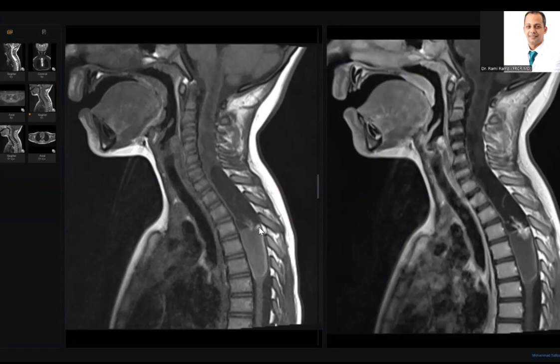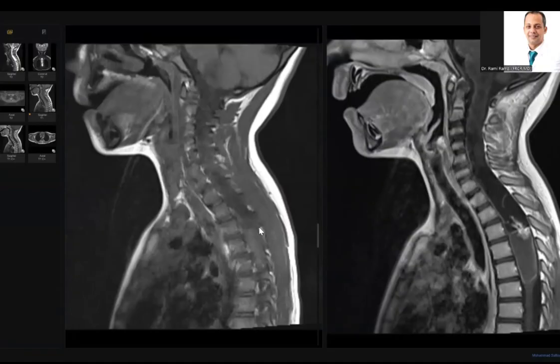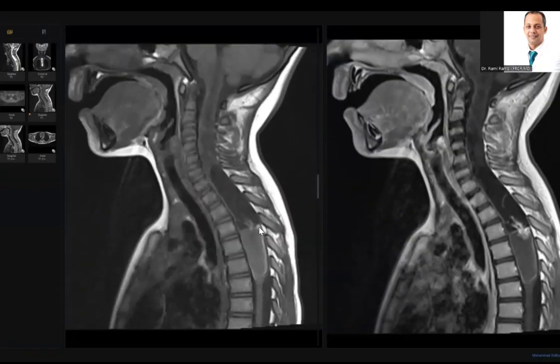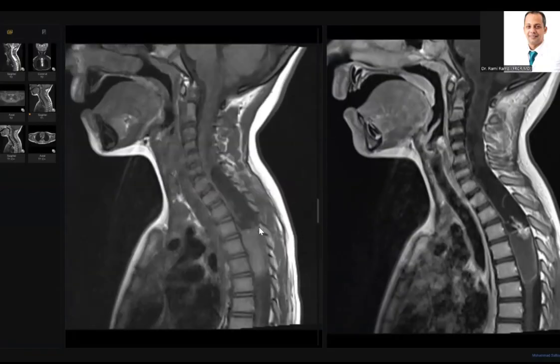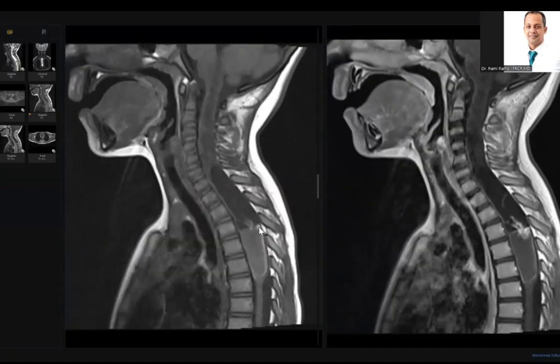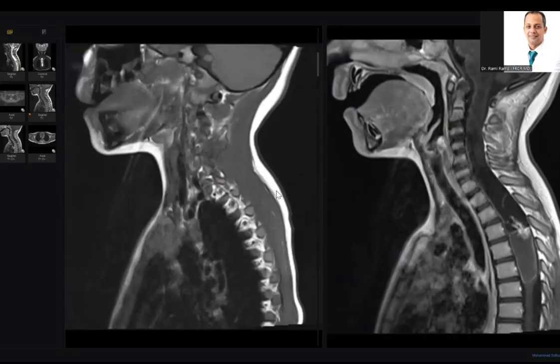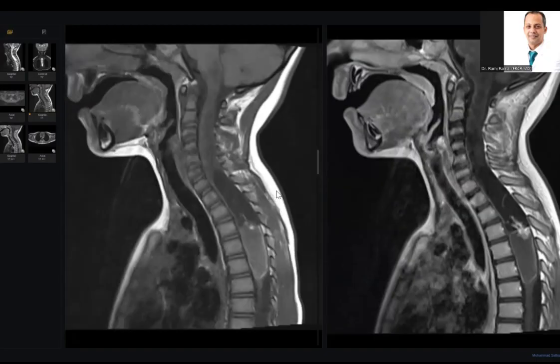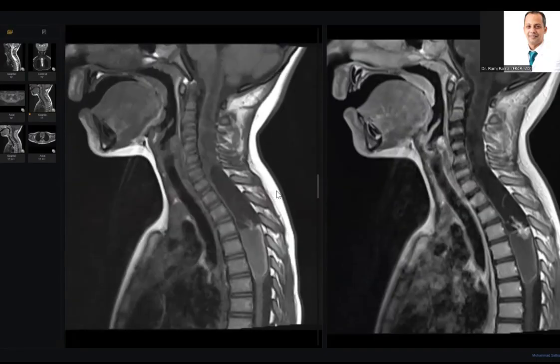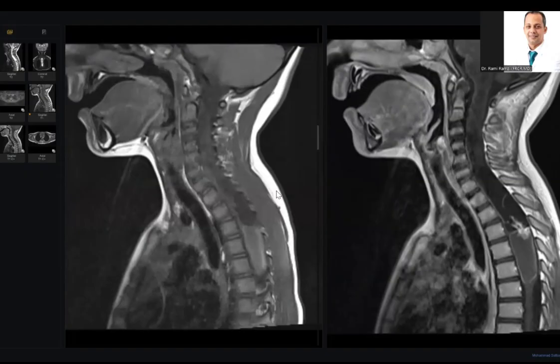In the T1, there is peripheral high signal, more in the lower end of the lesion, and in the nodular small component in the lower end, and there is mild enhancement of this, particularly in this nodular component.